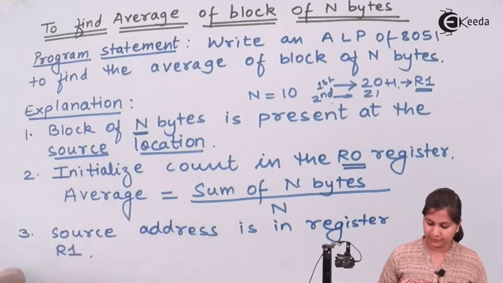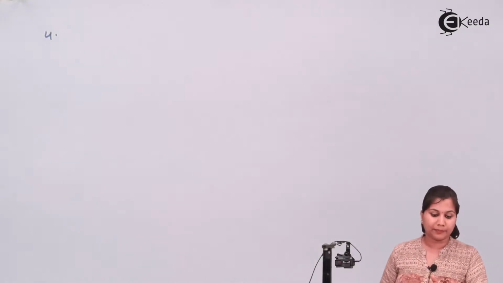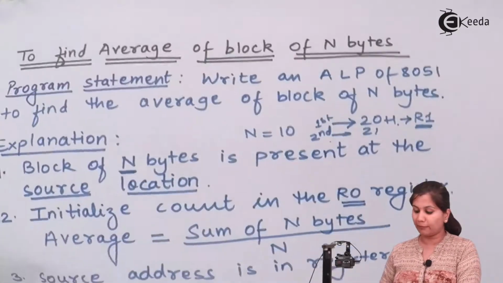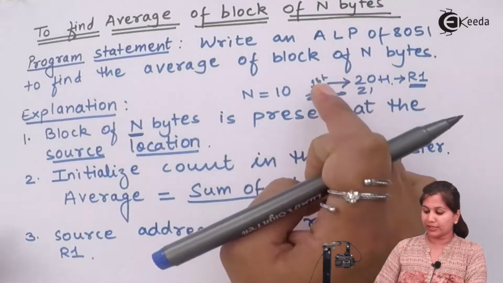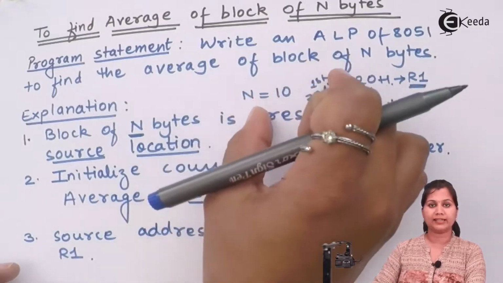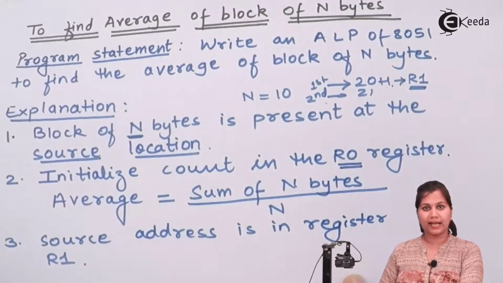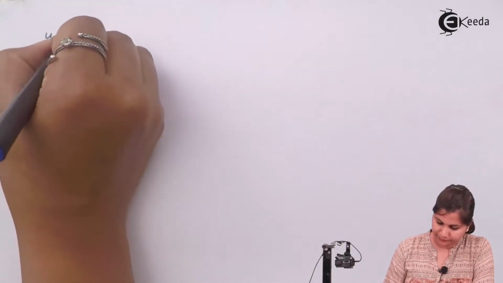After that, we want to add these numbers because we have to find the sum of these n bytes, only then can we get the average. So first number plus second number plus third, fourth, fifth, sixth, in this way all the 10 numbers are added. So the next step, we will do the addition.